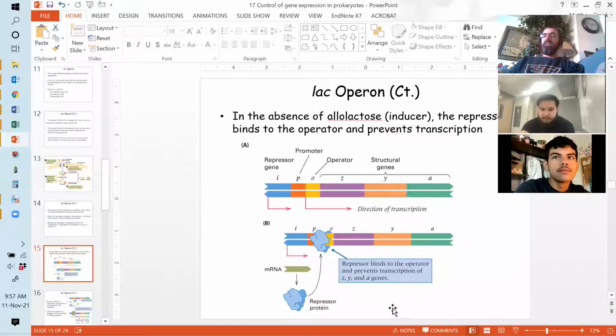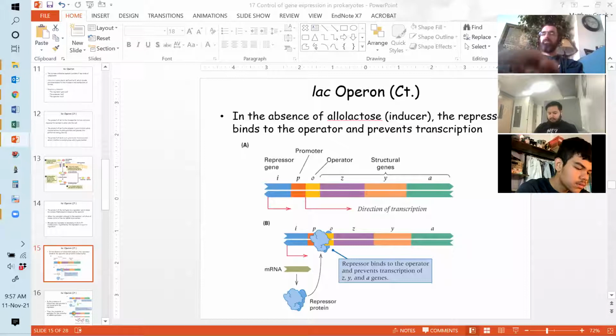So in the absence of lactose, LAC-I, this repressor protein, will bind to the operator, right? So the default state of the lac operon is off. I'll type that out because that's important, due to the presence of the LAC-I repressor on the LAC operator.